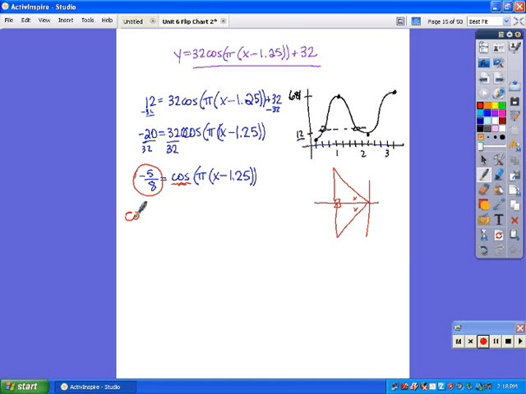So the next step is inverse cosine of negative 5/8. Make sure your calculator is in radians. That's going to equal pi times x minus 1.25.